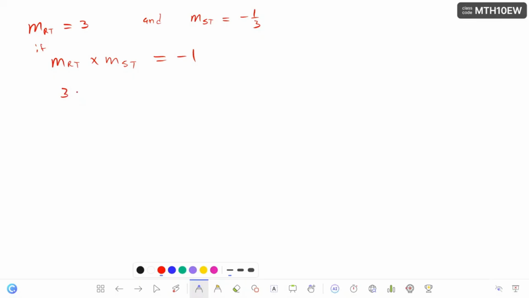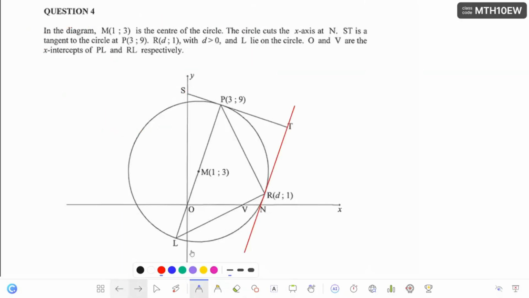So this one is 3 times -1/3, which is -1. So -1 is equal to -1. So now we can conclude that yes, indeed, both lines are perpendicular. We can conclude that this line, which is what? Let me check the question.